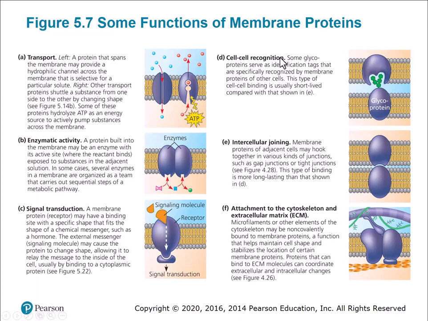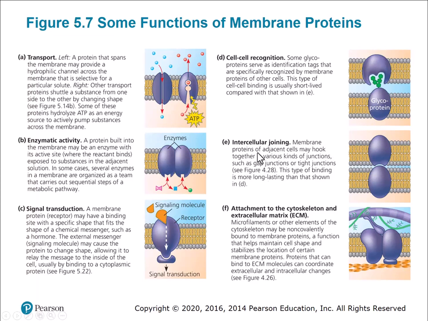The glycoproteins and glycolipids that we talked about earlier also act in cell-to-cell recognition so that cells can recognize who's who and if something's self or if something's not self. Intercellular joining, so forming attachments in tight junctions or in desmosomes.